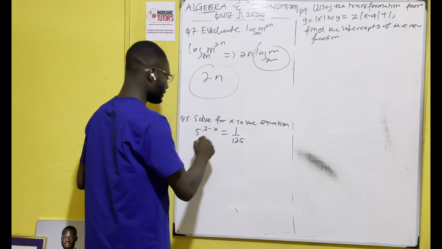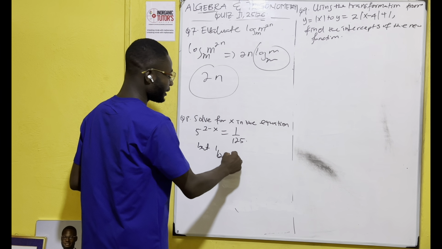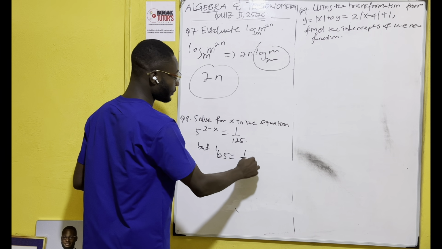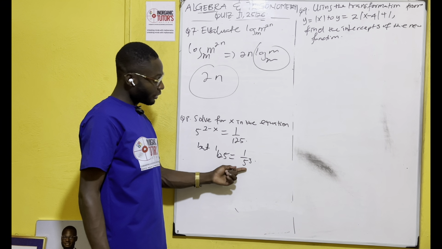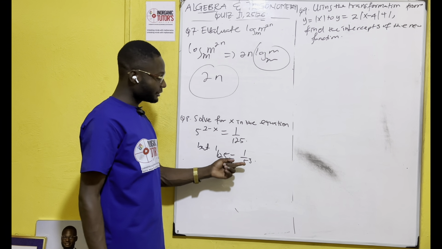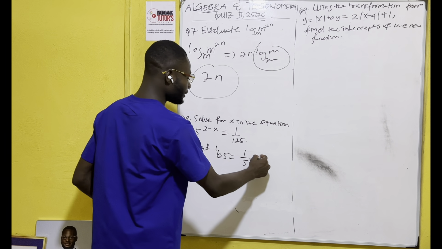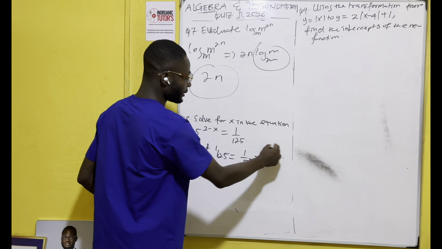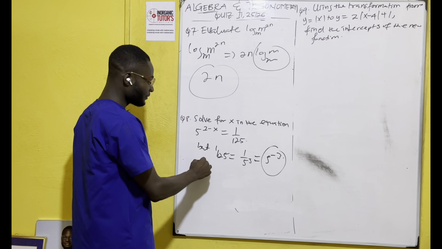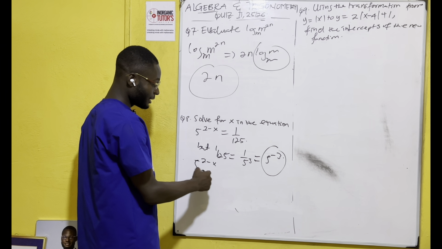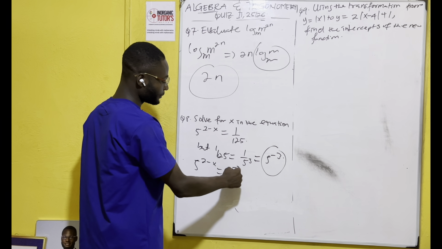So we know that 1 over 125 is equal to 1 over 5 to the power 3, right? 5 to the power 3 is 125. So this is the same as 5 to the power minus 3. So once you know this, we can equally have 5 to the power 2 minus x equals 5 to the power minus 3, right?